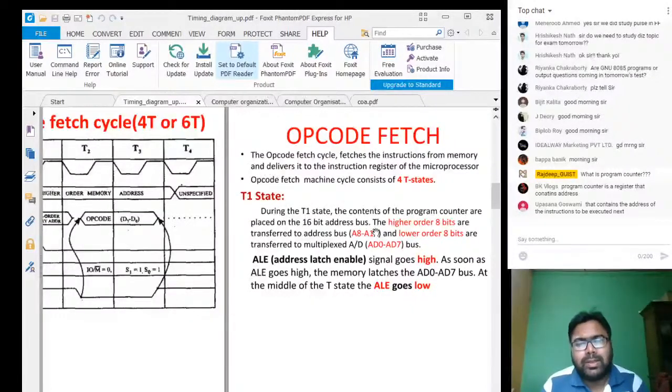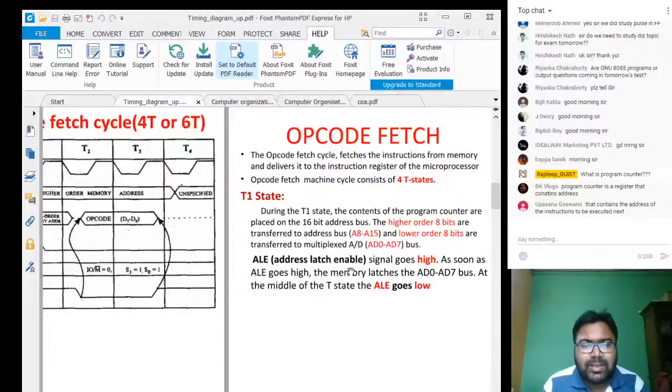So what is happening? The higher order 8 bits are transferred to address bus A8 to A15, and the lower order 8 bits are transferred to the multiplexed AD bus, which means it is used for both data as well as address. So it is a multiplexed line, lower order, AD0 to AD7.